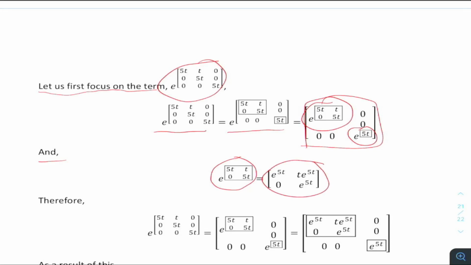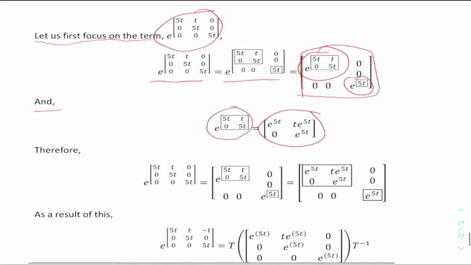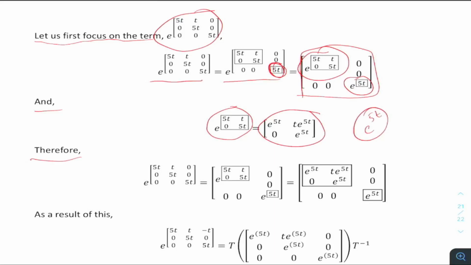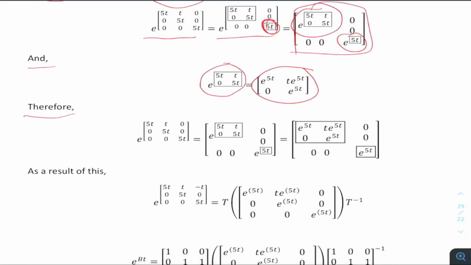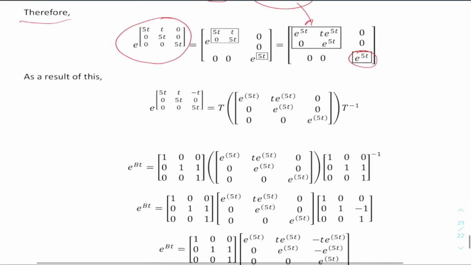You can write that down from looking at some given table. And another one is just a scalar, so you can immediately write something like this. And therefore here also you can write this exponential term.